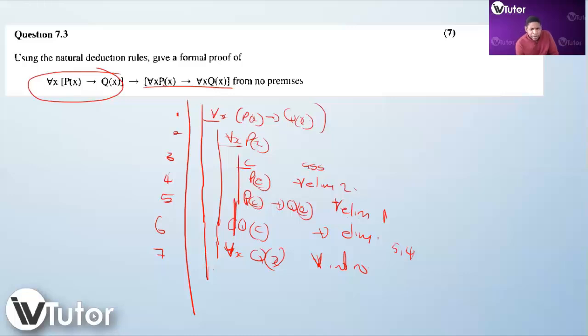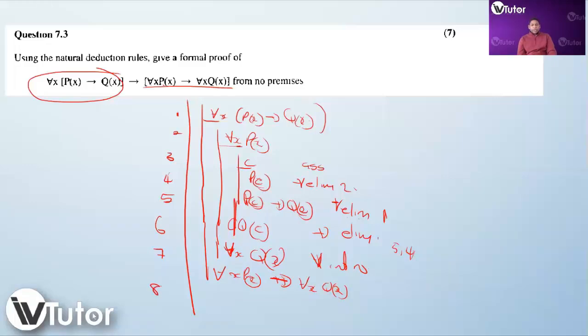And then from there to there we have ∀x(P(x) implies Q(x)). So that becomes of that.